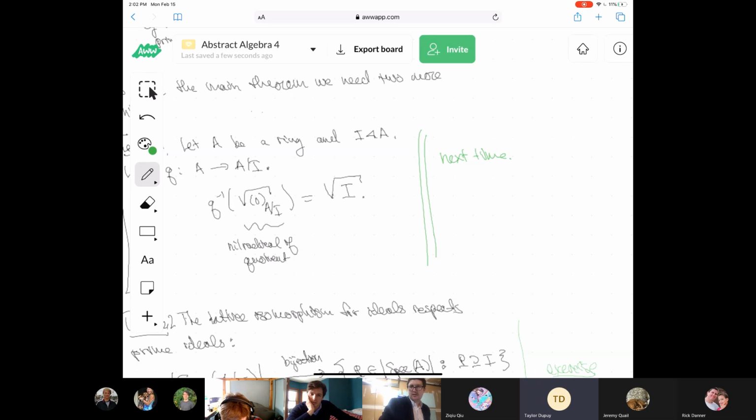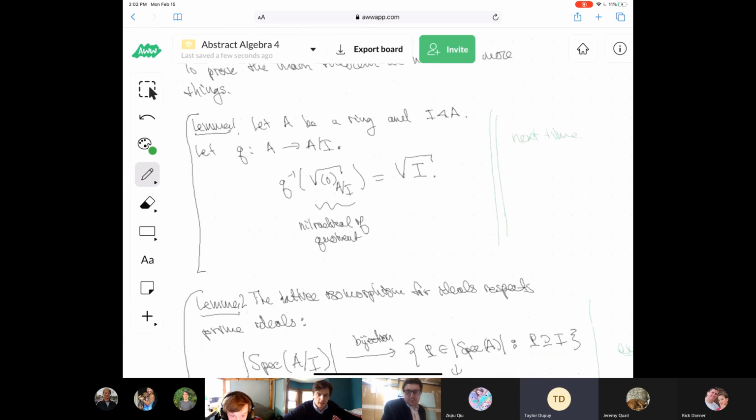Taylor, is not that first lemma almost just by definition, or might I be missing something? It's almost by definition, yeah. If you look at the textbook, they don't even make any remarks on this. Yeah, looking at the Wikipedia page, it's almost what it has to be if you just read the definition of the radical ideal.